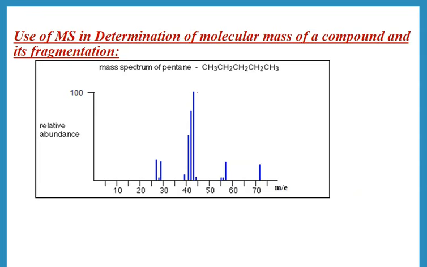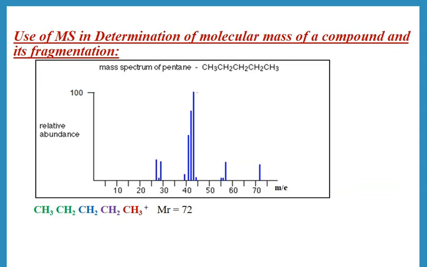So looking at this spectrum, where is the peak that is highest m over E? The peak that is highest m over E is the one that looks at 72. So what is this due to? This is due to the whole molecule being ionized as a whole. If I look at CH3, CH2, CH2, CH2, CH3 plus, and I calculate its molecular mass, you do remember how to calculate molecular mass, right?